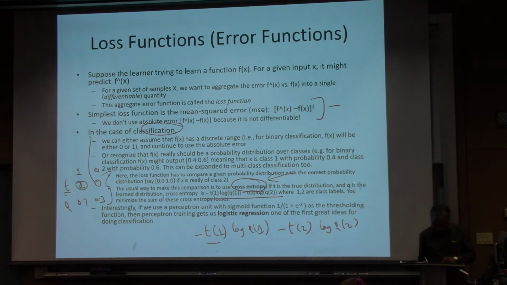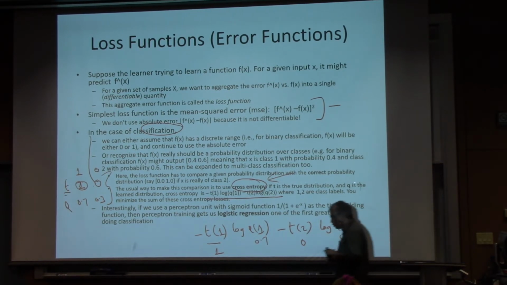Now T of 1 is 1, Q of 1 is 0.7, and T of 2 is 0, Q of 2 is 0.3. So this will be 1 times log of 0.7, negative. That would be the cross entropy.